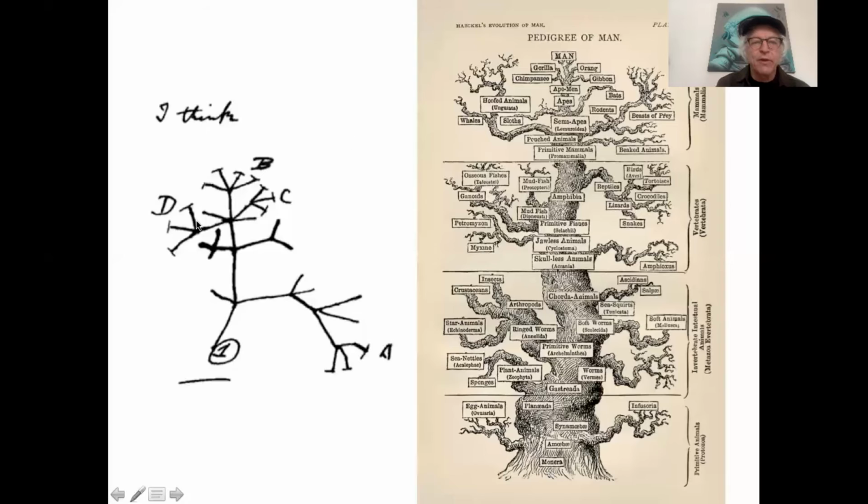So that's Darwin's idea there. He's thinking that maybe years ago, simple animals started evolving and they spread out as they became more complex along the branches of the tree.